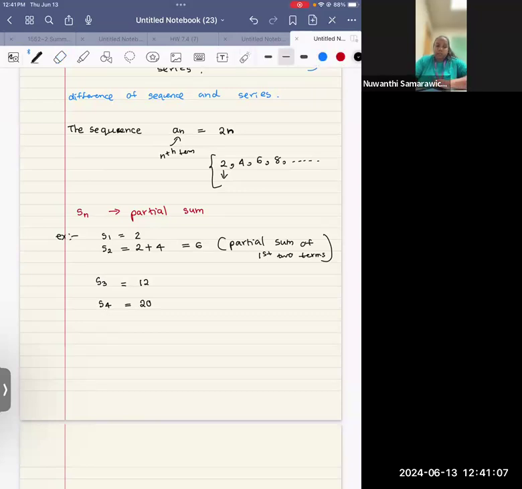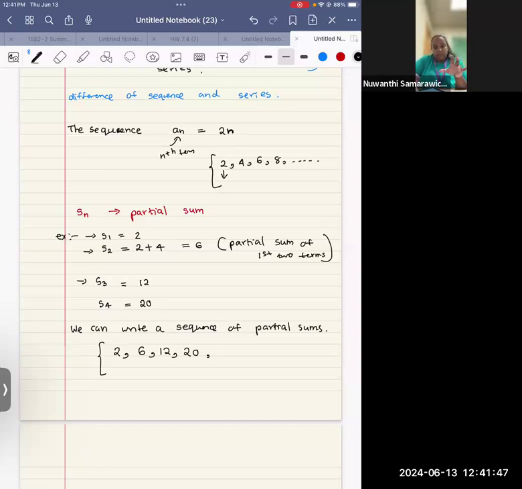So we can now write a sequence of partial sums. These are the partial sums: S sub 1, S sub 2, S sub 3. So that is 2, 6, 12, 20. This is a sequence of partial sums.